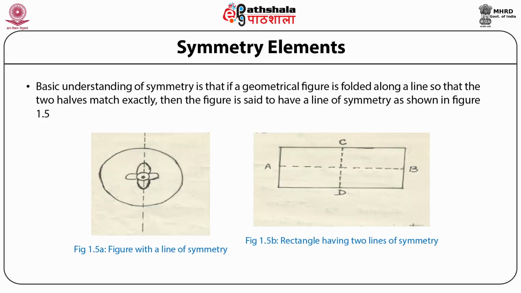Basic understanding of symmetry is that if a geometrical figure is folded along a line so that the two halves match exactly, then the figure is said to have a line of symmetry, as shown in figure 1.5. Figure 1.5a shows a line of symmetry, and figure 1.5b shows a rectangle having two lines of symmetry.